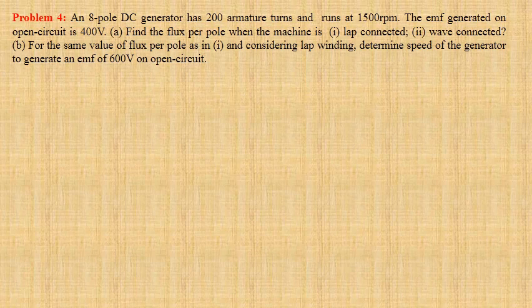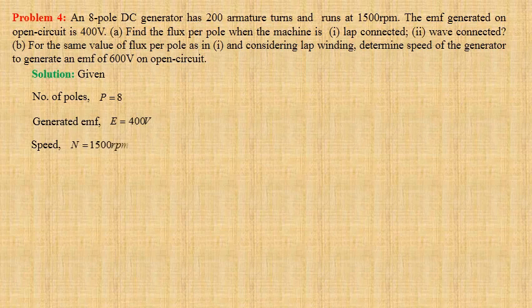Let us first jot down the given data. Number of poles of the machine P equals 8. Generated EMF E equals 400 volts. Speed of the rotor N equals 1500 RPM. Number of armature turns T equals 200.